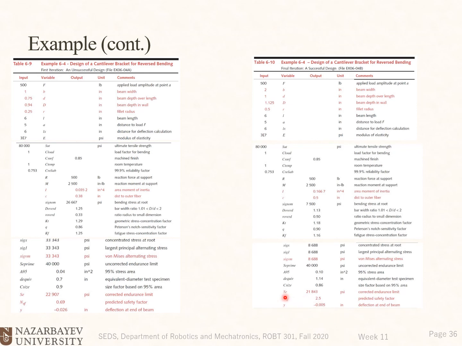And it falls into the design specification, and we could say, okay, the safety factor is more than 1 and under 5, so it is reasonable, so it doesn't fail, plus it doesn't deflect too much. So those geometries are desired and good enough for us.